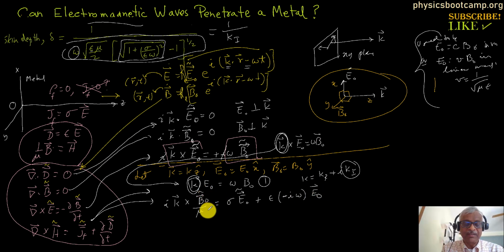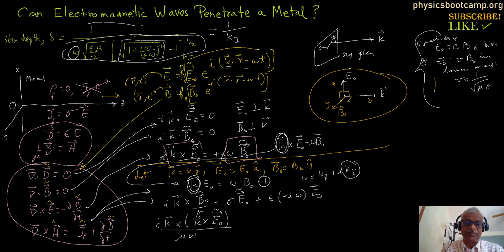So we write down i k cross k cross E0 tilde over mu omega. So I get this, and if you want, I multiply by minus i everywhere.